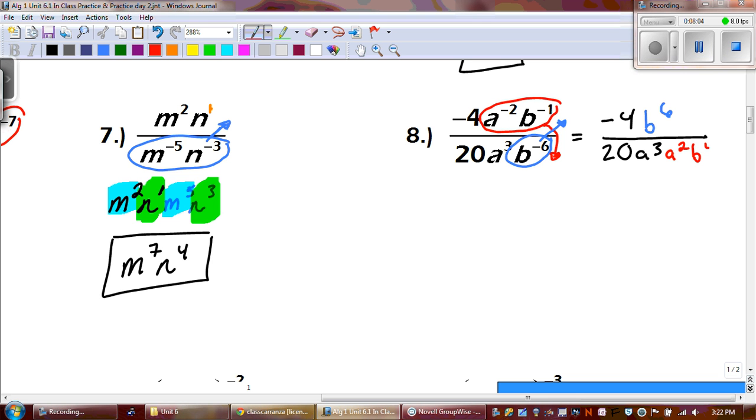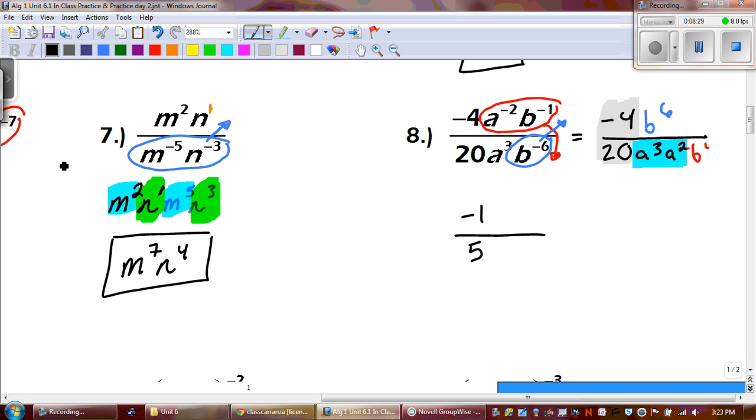Now we can start combining our rules. I have negative 4 over 20. And when we reduce that, it reduces to negative 1/5. Okay? Now, on the bottom, you can combine your a's.